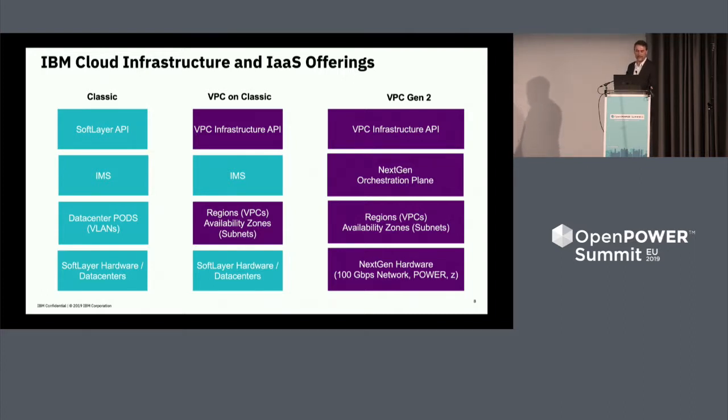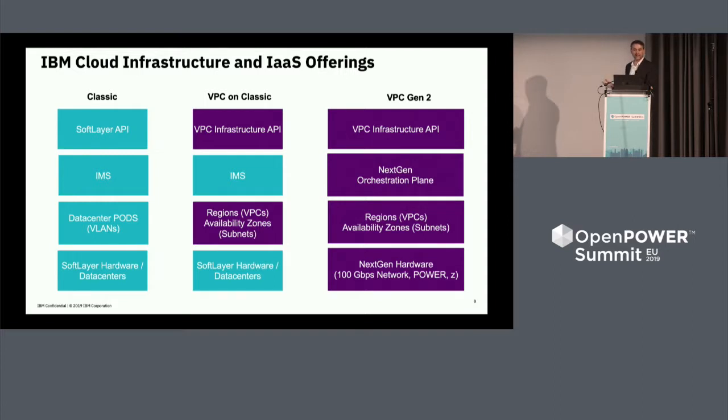And here is kind of a comparison. I don't know what familiarity you have with the IBM offerings right now, but on the left is our classic software infrastructure. The API set that we've developed for VPC, for Virtual Private Cloud, is available on that classic infrastructure. That's the middle column there, and it has regions and availability zones.